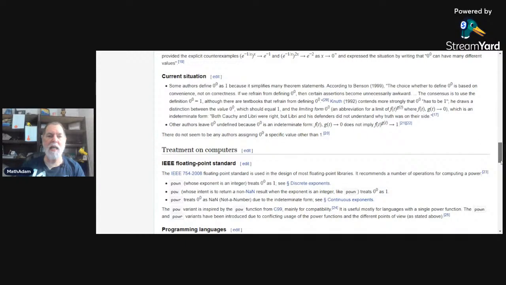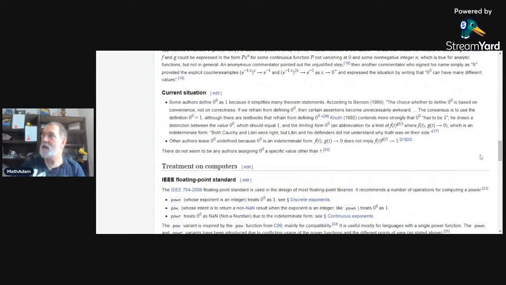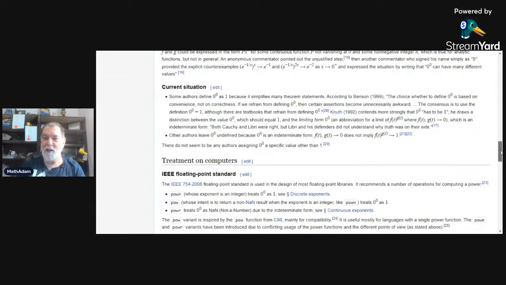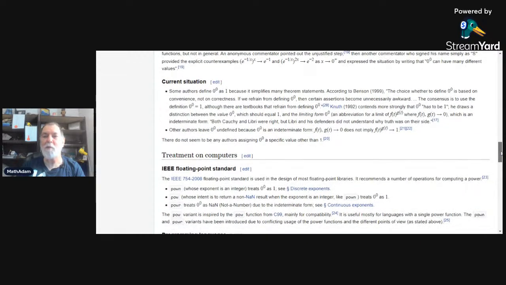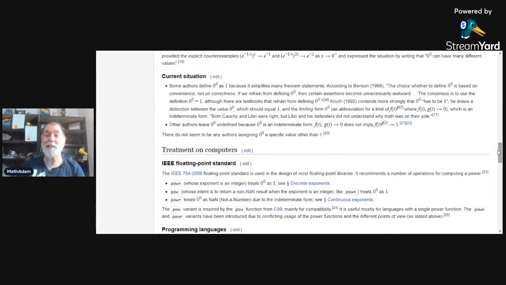But here's the part that I want to point out. The choice is based on convenience, not on correctness. If we refrain from defining 0 to the power of 0, then certain assertions become unnecessarily awkward, like the solution to my problem here. And the consensus is to use it as 1, although there are textbooks that refrain from defining it.